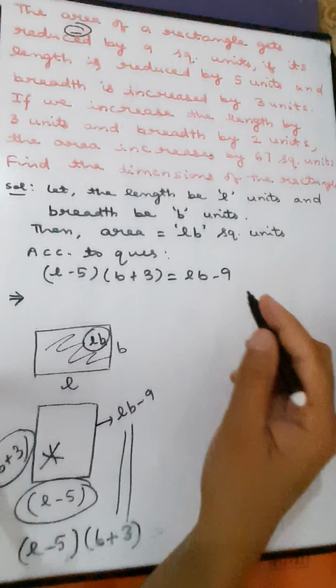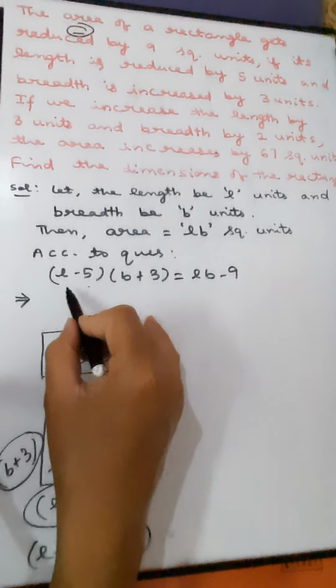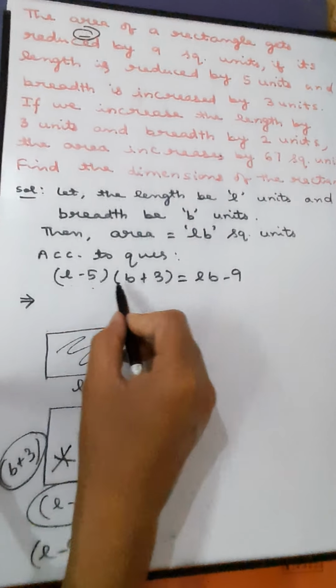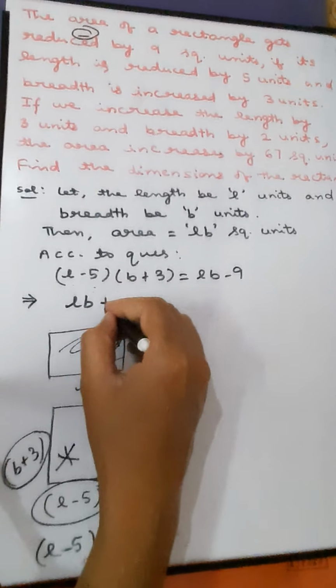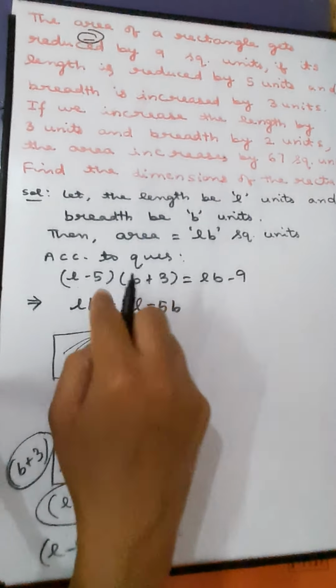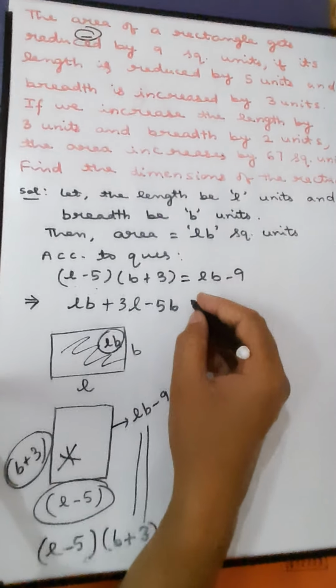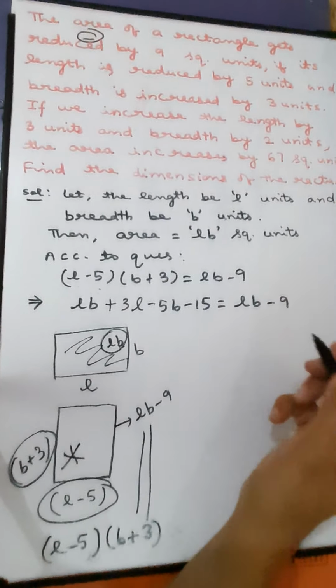So according to the question, we get our first condition as this into this is LB minus 9. You know how to simplify these two brackets? Multiply L with B, so we get LB, L into 3, 3L, minus 5 into B, minus 5B, minus 5 into 3 is minus 15, which is equal to LB minus 9.